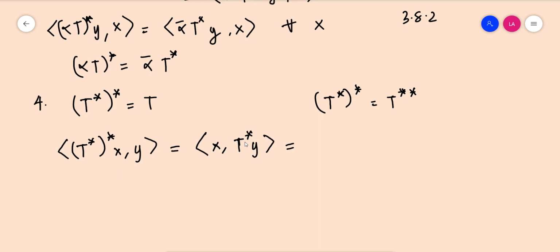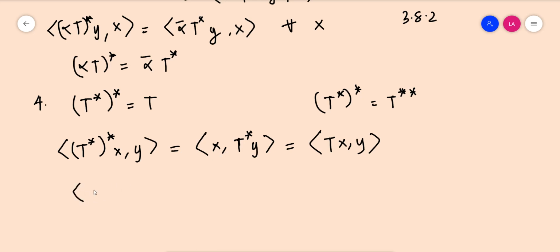So when t star is the Hilbert adjoint operator of t, and using the property number 1, this can be written as inner product txy. The second step is obtained using the definition of Hilbert adjoint operator. The third step is obtained using property number 1.